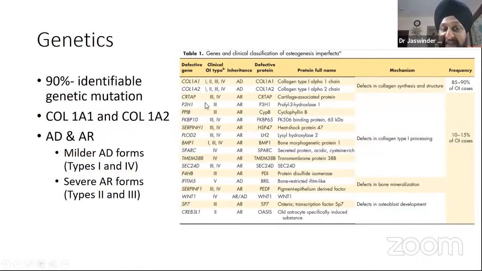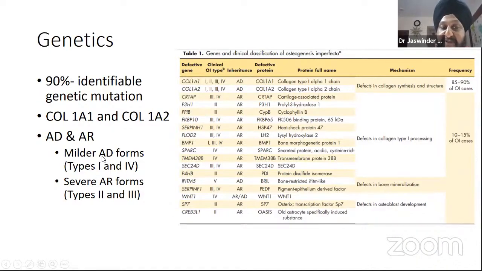About 90% of these genetic mutations are identifiable, and they occur in the COL1A1 and COL1A2 genes. The disease is either autosomal dominant or autosomal recessive. These were the 4 basic types classified by Sillence. At present, some X-linked subtypes have also been classified recently.